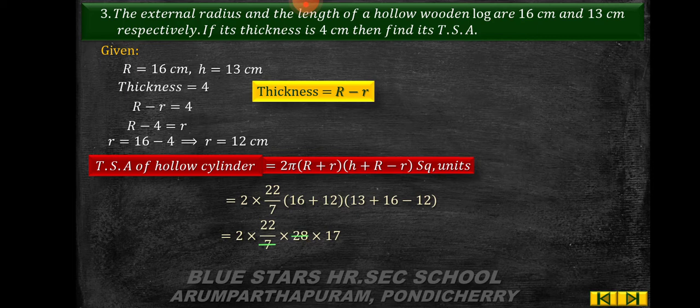Then 7 and 28 gets cancelled. It will become 4 times. So which is equal to 2 into 22 is 44 into 4 into 17, which gives 176 into 17, which is equal to 2992 centimeter square.